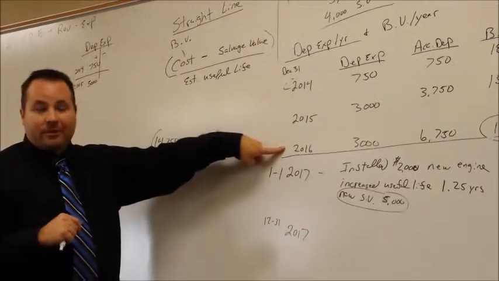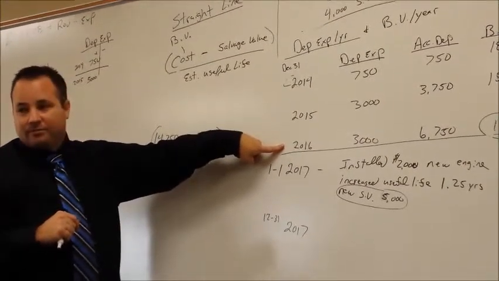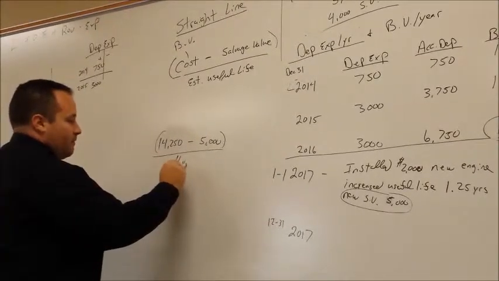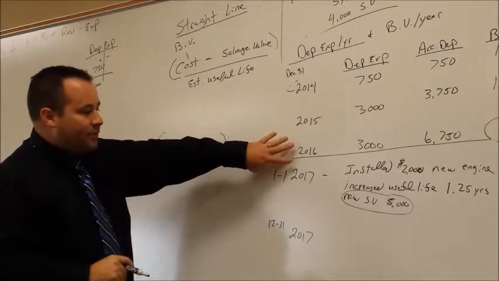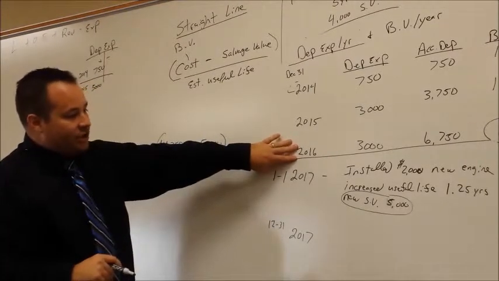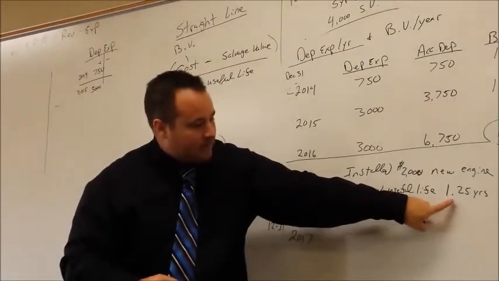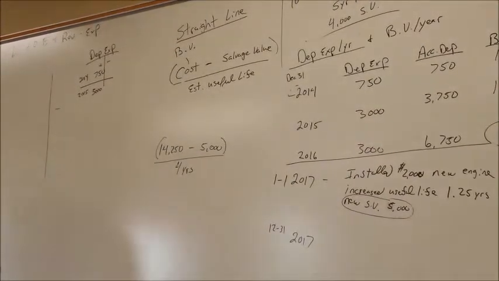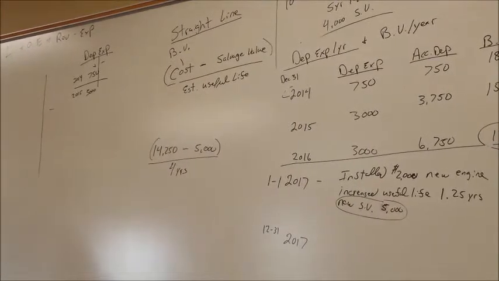But how many years left do I really have now with the new engine? 2.75 years left before I made any changes. Add another year and a quarter to 2.75. I got 4 years left on that vehicle, what I think I'm going to be using it.